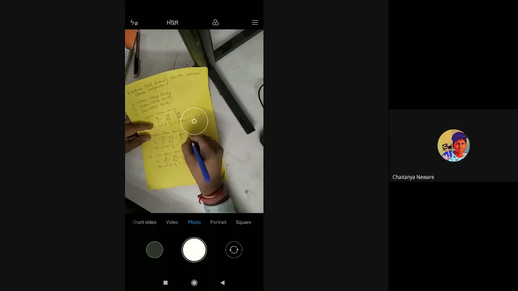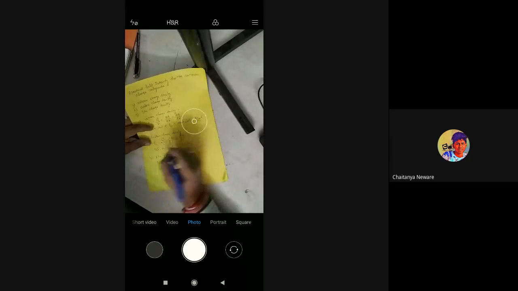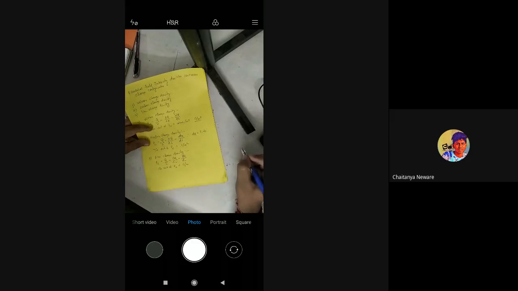Now we have to find the electric field intensity. How do we find it here? First we have to find dq. In terms of surface charge density, dq is equal to rho s into ds.